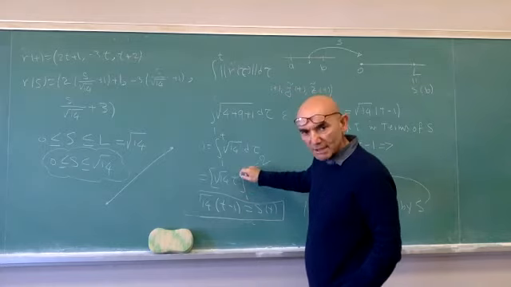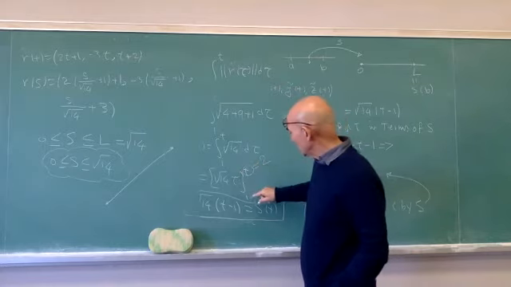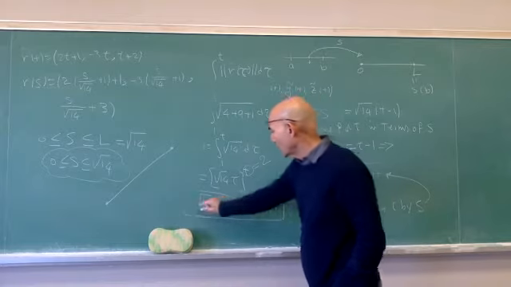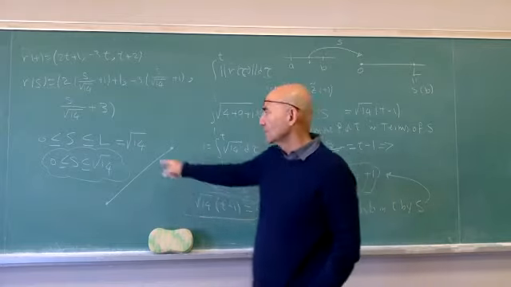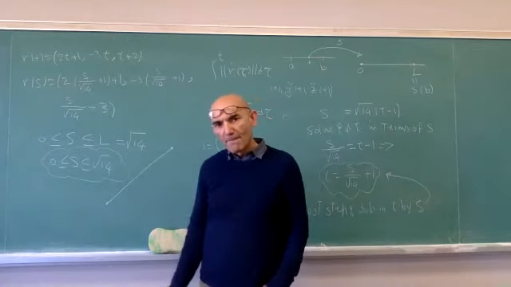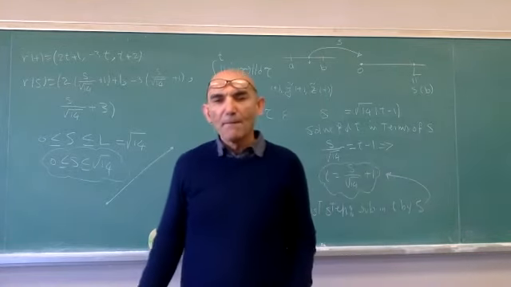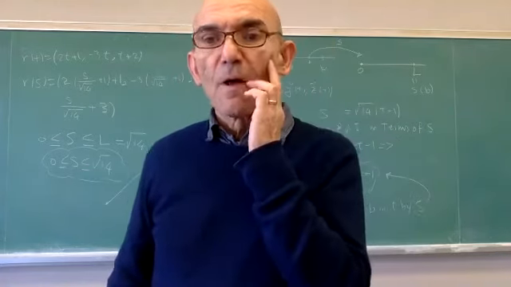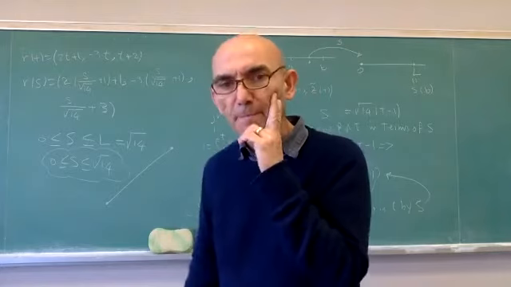The right extreme point is 2. So when you put t equal to 2, 2 minus 1 is 1, then only root 14 remains. Is that clear now? Okay, excellent.